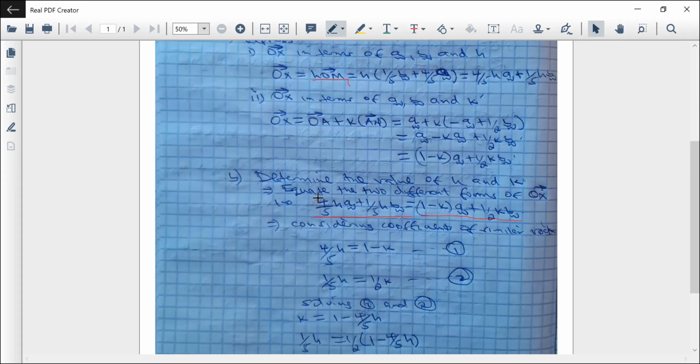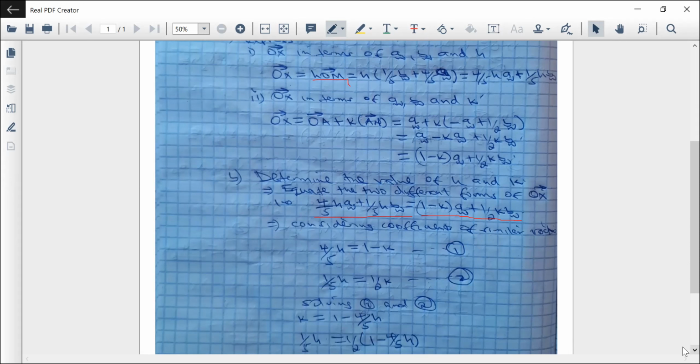The coefficient of vector A is 4 over 5 H, which I equate to the coefficient of vector A in the other case, which is 1 minus K. I get equation 1. Then the coefficient of vector B is 1 over 5 H, which is equivalent to the coefficient of vector B in the other, which is a half K, equation 2.